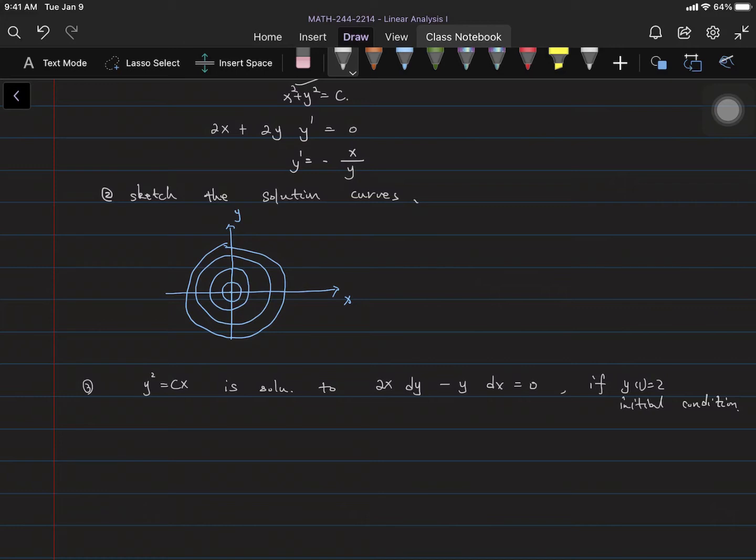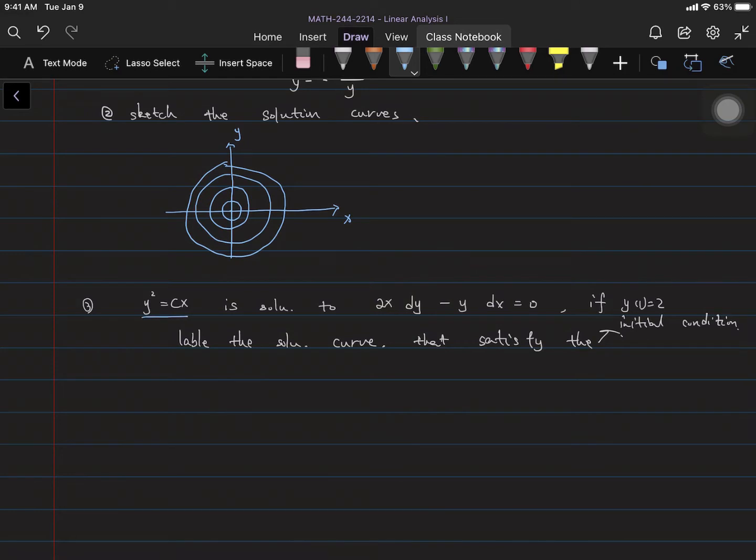So we want to label the solution curve that satisfies the initial condition.